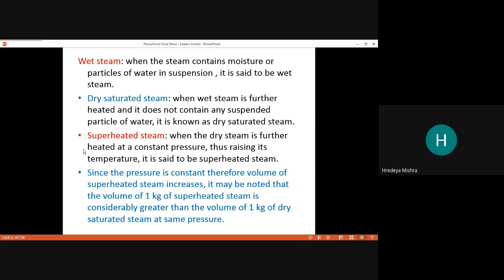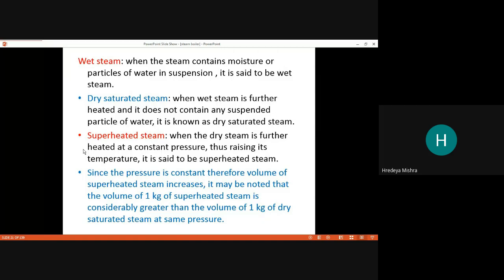Now we talk about the different types of steam. First is wet steam. What is wet steam? When the steam contains moisture or particles of water in suspension, it is said to be wet steam.